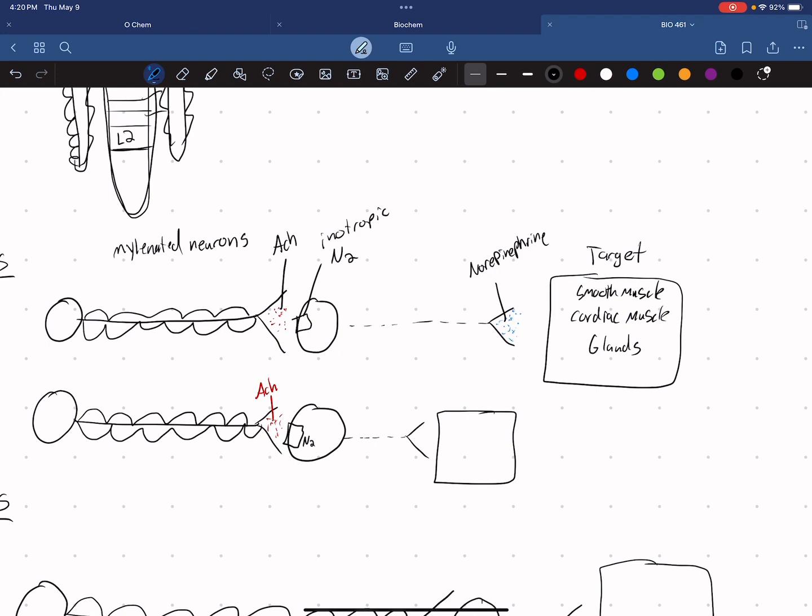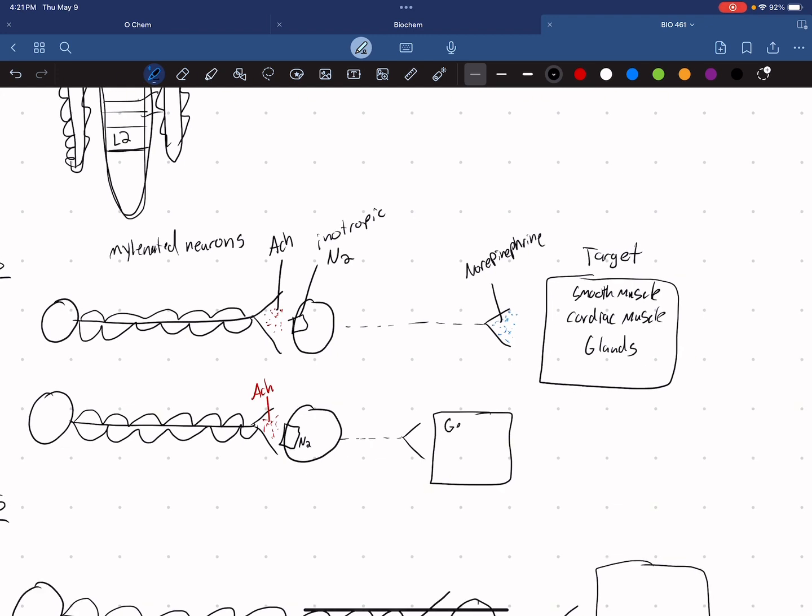And this is going specifically to the general sweat gland. And so what's interesting about this specific pathway is that instead of norepinephrine, we will have another batch of acetylcholine being released onto a different type of receptor, which I will go into in a moment.